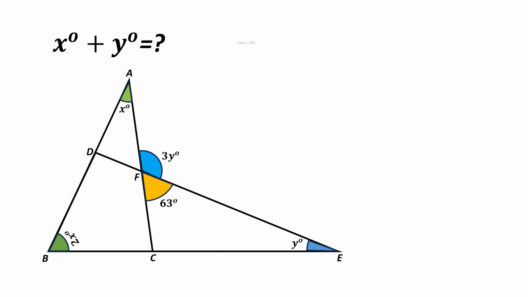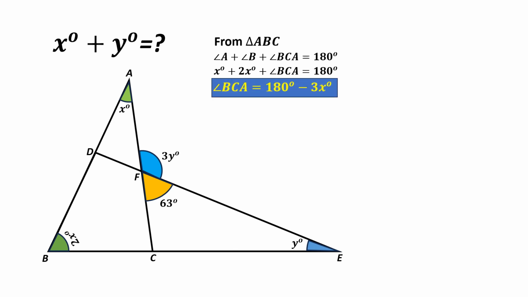Now from the triangle ABC, we know that the sum of all interior angles is equal to 180 degree, and substituting the given values we have x plus 2x plus angle C is equal to 180 degree, and from here we have angle BCA is equal to 180 minus 3x.